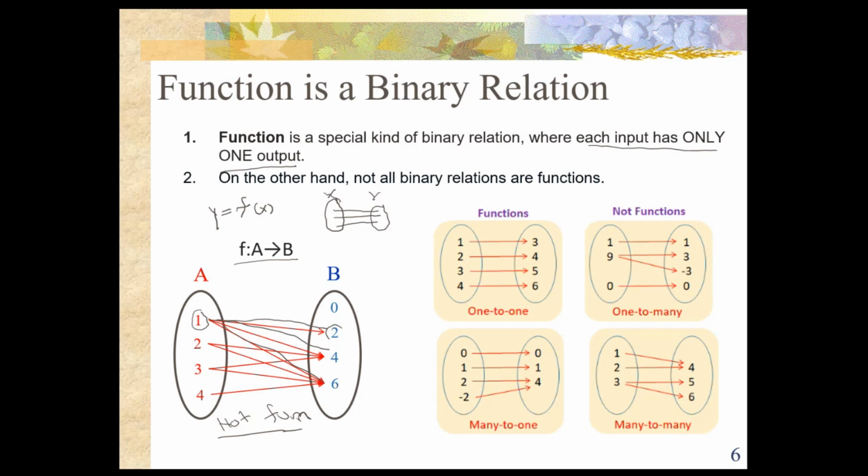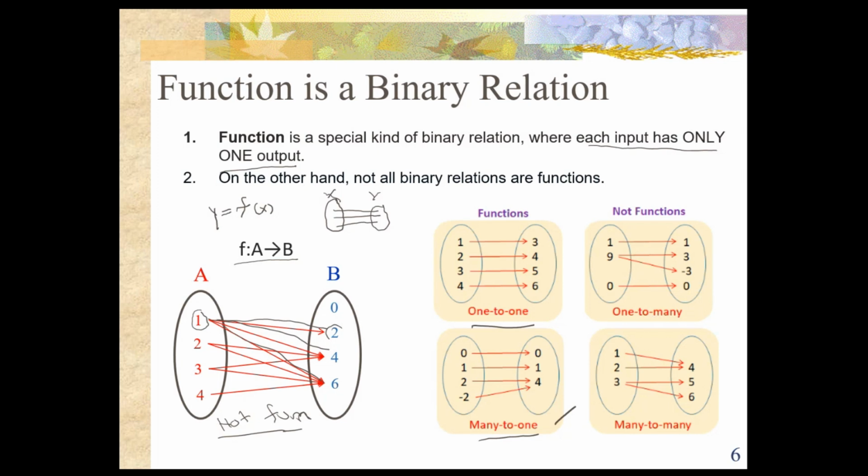So this is a function. But the one on the right hand side here is not a function because it is many to many. So 1 to 1, many to 1 are functions. 1 to many, as long as the output is many, is not a function.